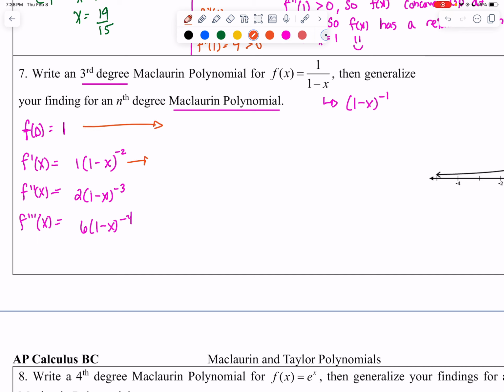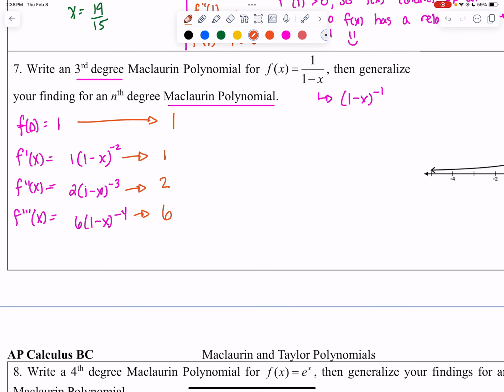I'm going to go ahead and substitute 0. And lucky for us, this isn't going to be too hard because if this is 0, this is just going to be 1. 1 to any power is just going to be 1. So I have 1 right here, 2, and 6. Okay, writing this, I'm going to have my first term, which is 1. My second term, which is going to have my first derivative term, that's going to be 1x.